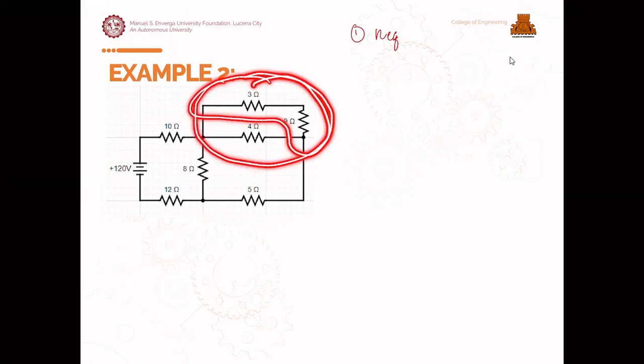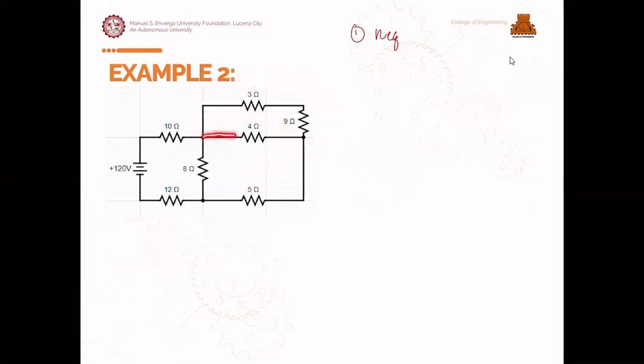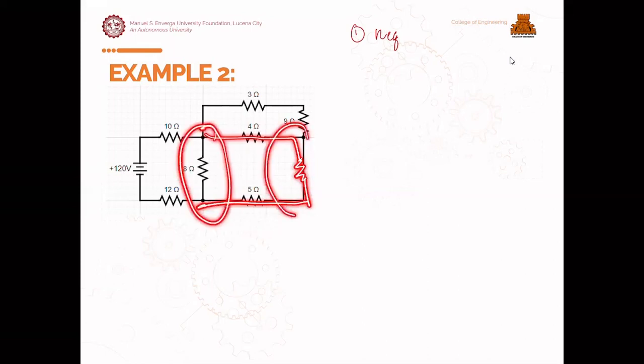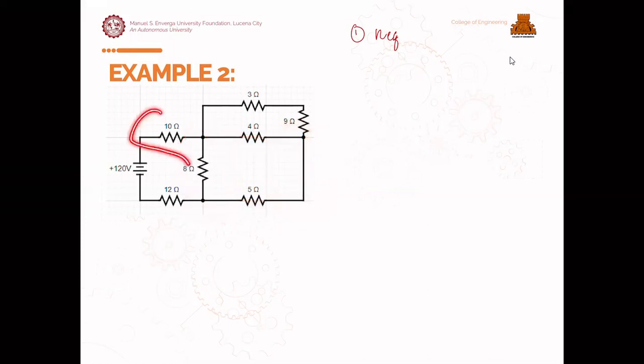Okay? And then, kapag meron na siyang isang value dito, naka-series naman siya dito sa 5 ohms. Okay? And then, yung buong yon, pag meron tayong single, naka-parallel siya doon sa 8 ohms. And then, meron na tayo ngayong series ulit. Okay? Para makuha lang natin yung R equivalent.